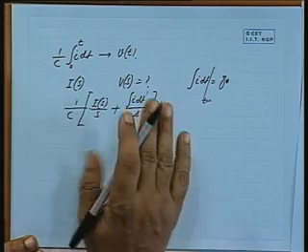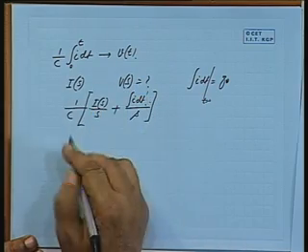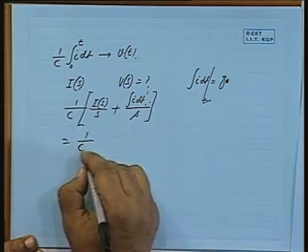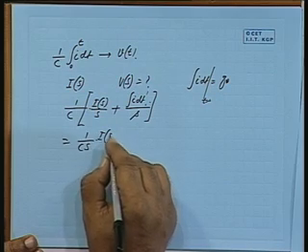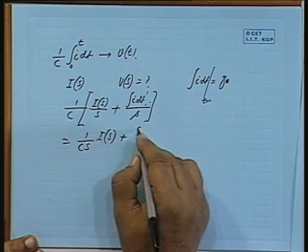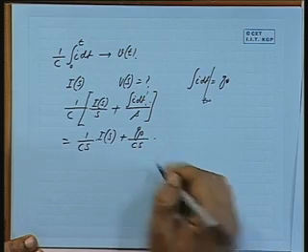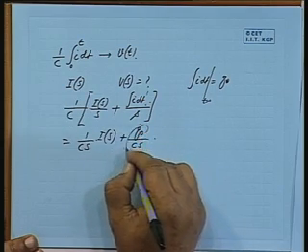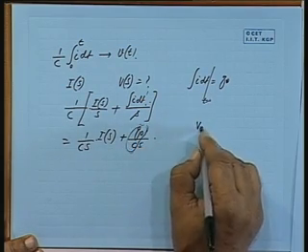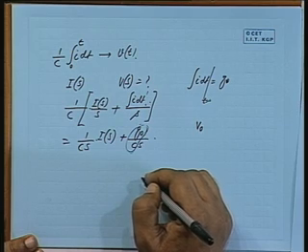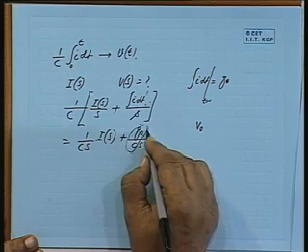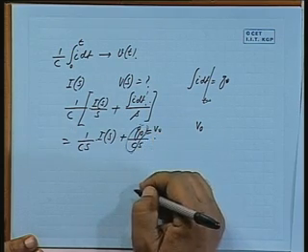If the initial condition is given as 0, then there is no problem. So, 1 by Cs into I(s) plus Q0 by Cs, and Q0 by C is nothing but the initial voltage across the capacitor. So, V0 by s. Okay.